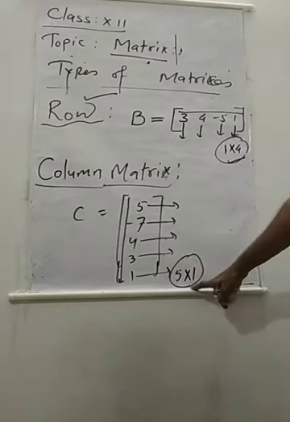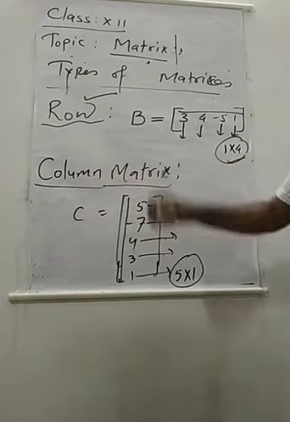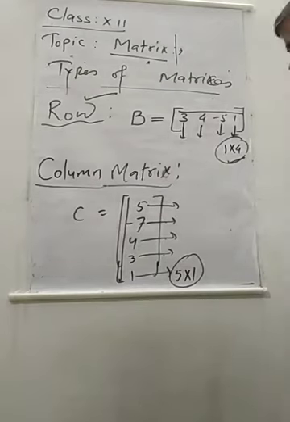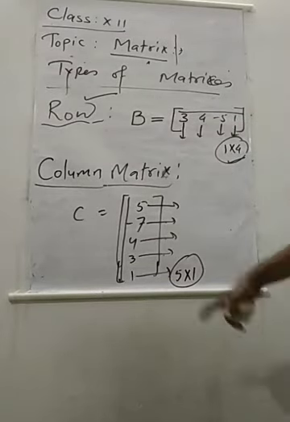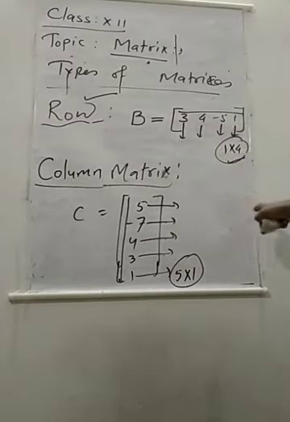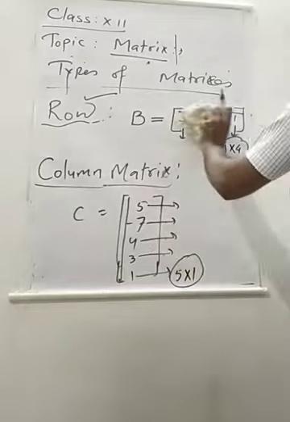So 5 by 1 is the order of C, and it is a good example of column matrix. Is this clear? In column matrix, single column. In row matrix, single row. Whatever the columns in this, no problem. Whatever the rows in this are not the problems. By this way, I think we are clear about the row and the column matrices.